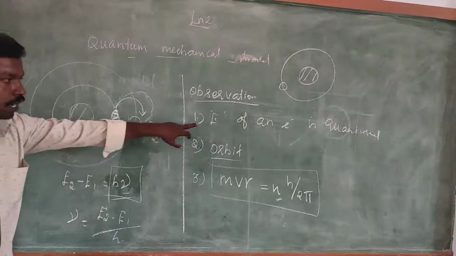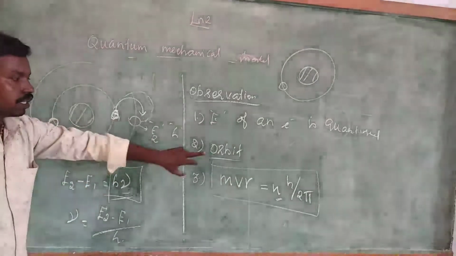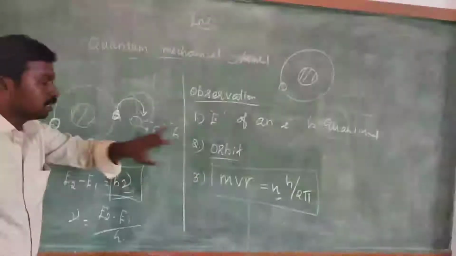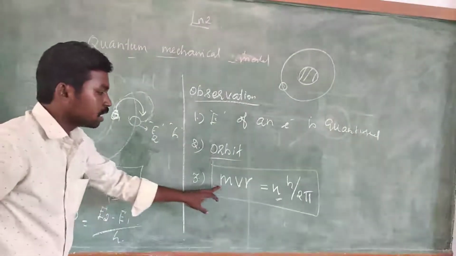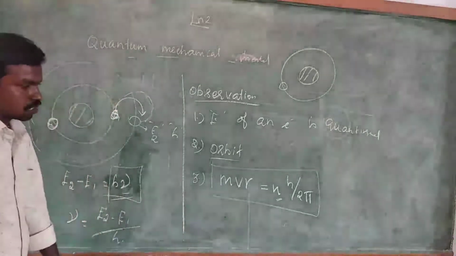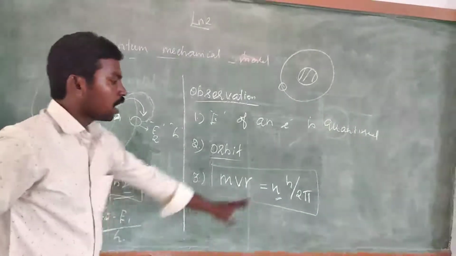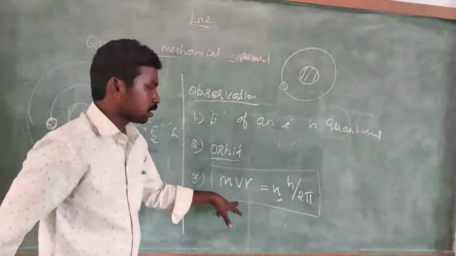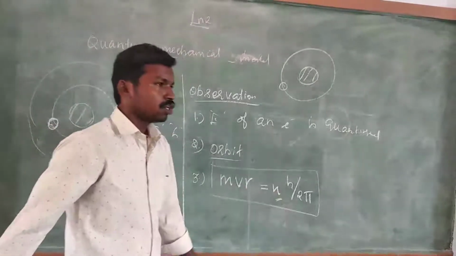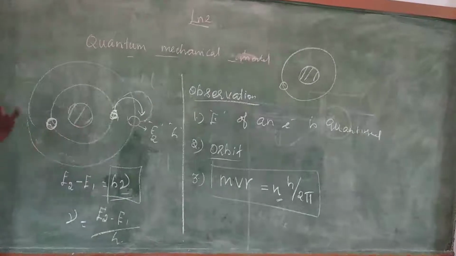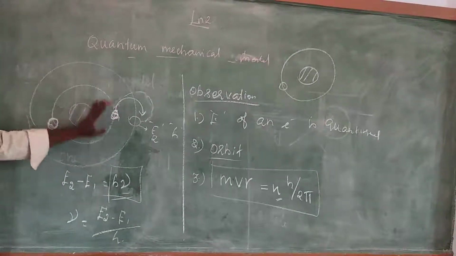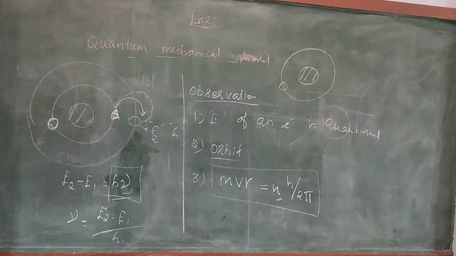What are they? The energy of an electron is quantized. Electrons are allowed to move only in certain paths, and those paths are called orbits. Third point, the angular momentum of an electron is an integral multiple of h by 2 pi. So mvr is equal to nh by 2 pi, but for this no explanation is given. Fourth, as long as the electron remains in the same orbit, there is no loss of energy.